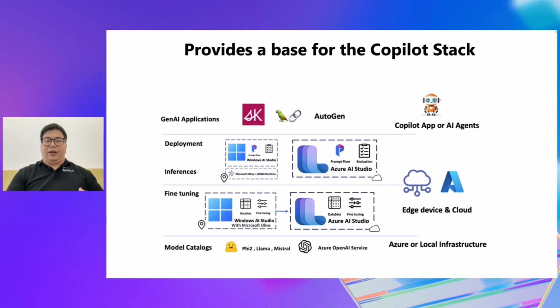But if you have a Linux or WSL environment, we can do the same things. So Olive can let you fine-tune, not only focusing on Windows, Linux is okay. Another thing is if you do not choose the local solutions, you can use the AI Studio or Machine Learning Studio to work together.